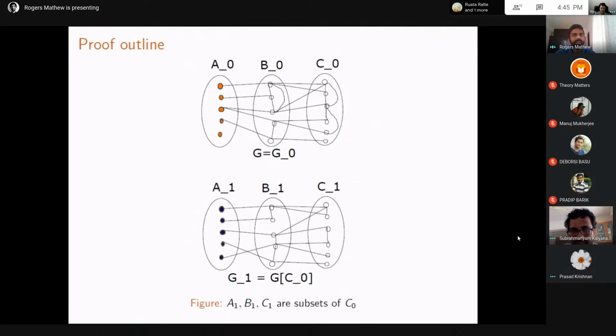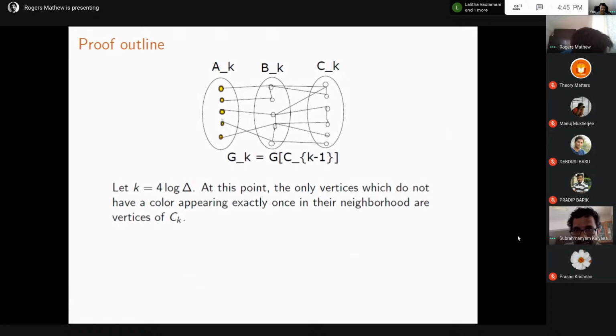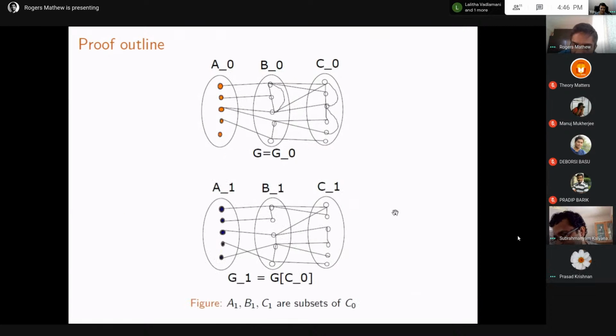In the setting that there is a node which has a large degree, if I just put it in A0, so what he's saying is, if there is a large degree vertex and you put it in A, then most of the vertices will come. Yes, you're right.